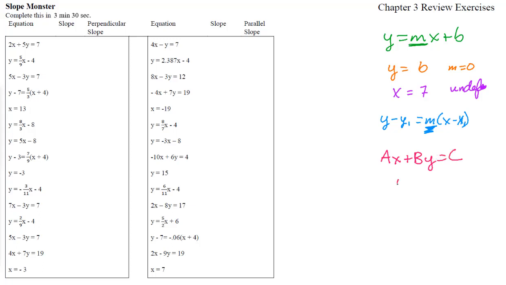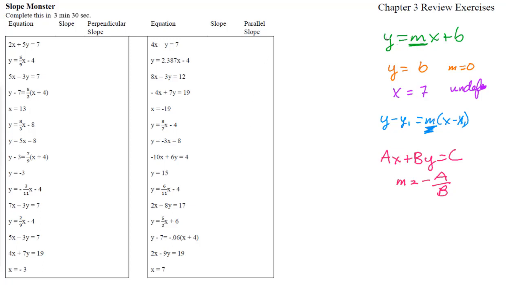The shortcut here was the slope is the opposite of a over b, which means if either a or b is a negative, then we'll have two negatives here and it will be a positive slope. So are we ready? We will first get the slopes and then we'll go back afterwards and write in the perpendicular and parallel ones.